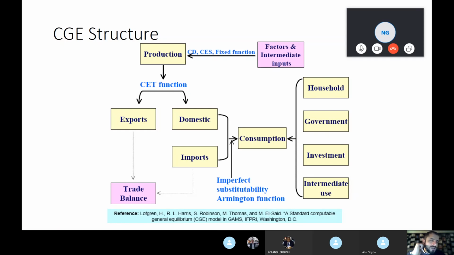And what do I mean by that? Constant elasticity of transformation, the CET function. The idea behind is similar to the constant elasticity of substitution, but the economic rationale behind is that goods that are domestically produced, in order to transform them into exportable products, we have to transform them.